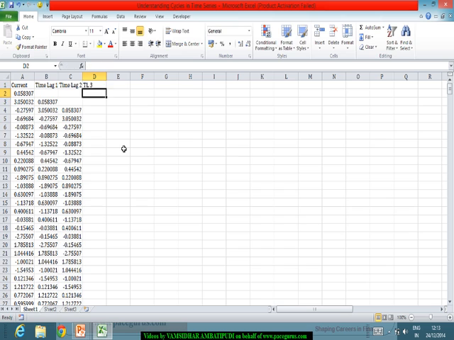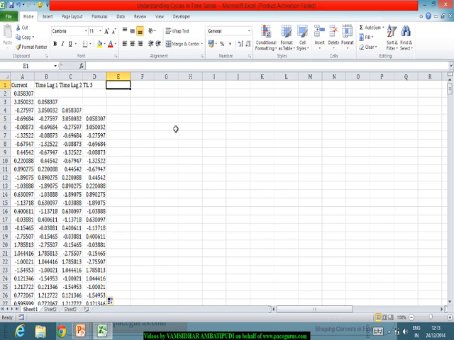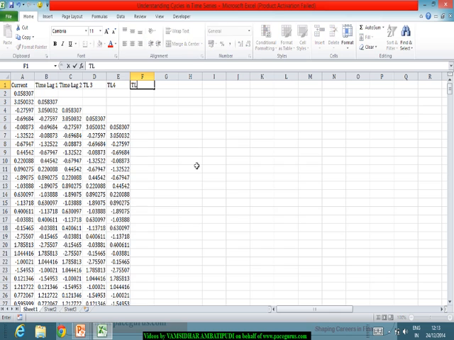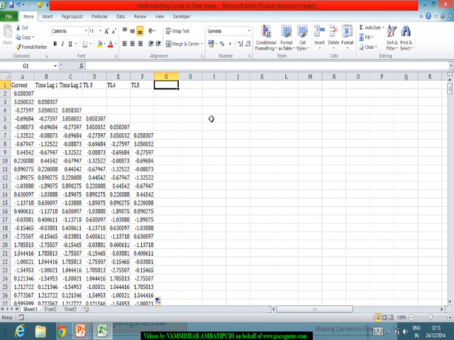Then time lag 3 will take it as this and we are proceeding. Time lag 4, again we'll consider this to be the value, will proceed. Time lag 5 also goes the same way. Like this, you could very well see different kinds of time lags. Probably let's do it up to 10 or 15 because we have to understand a few more patterns based on that.